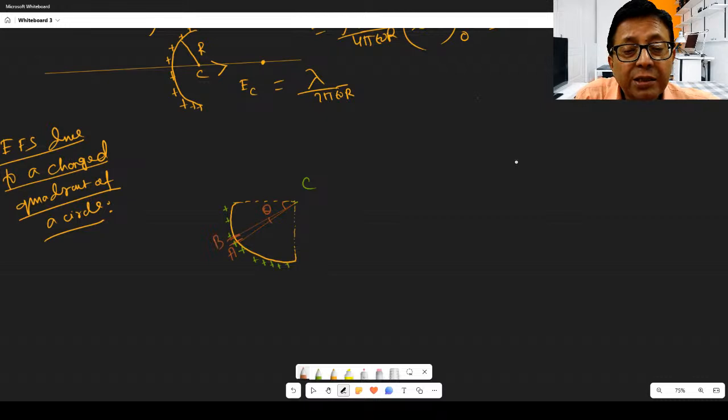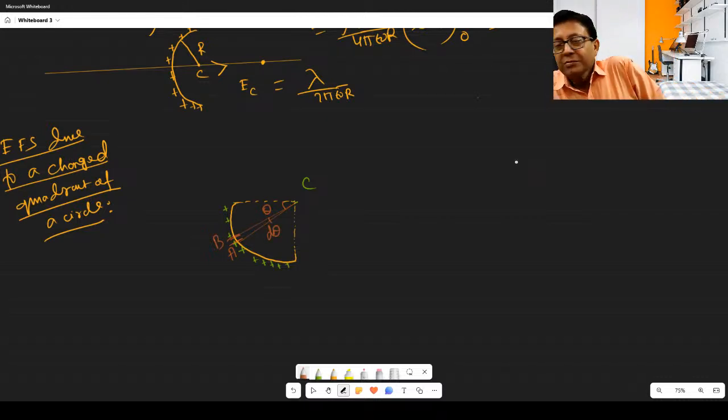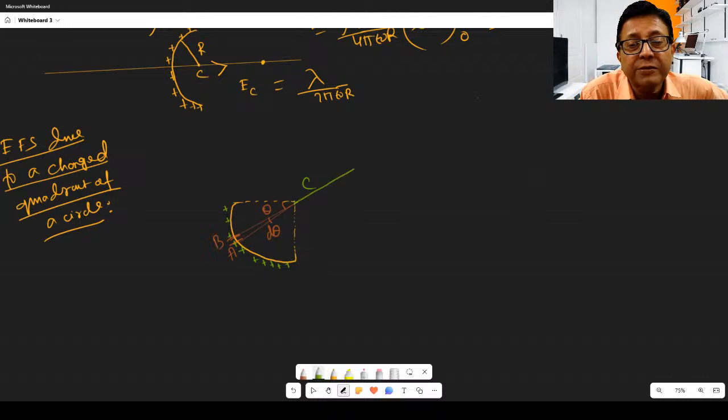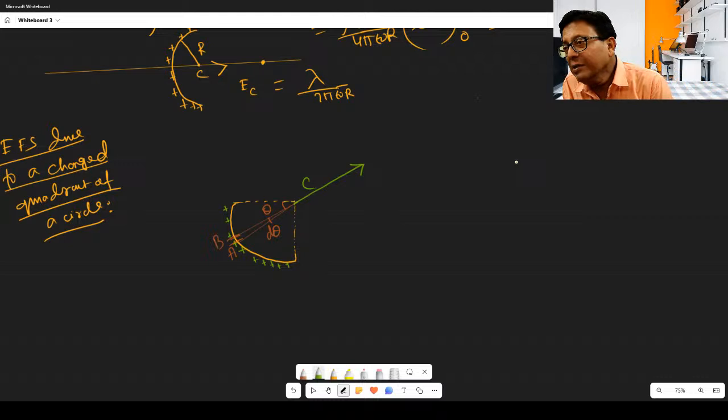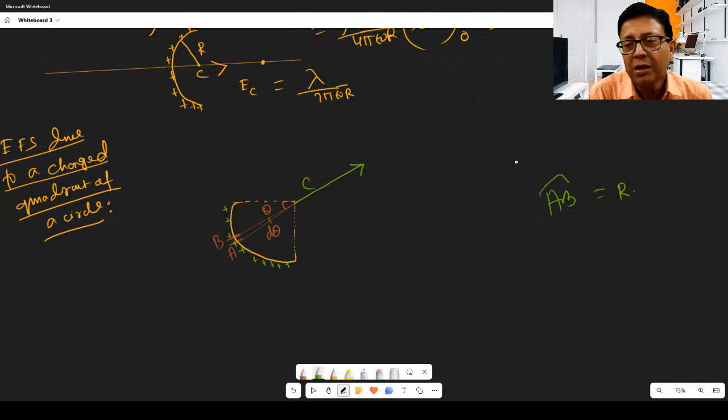This is d theta. Okay? So, electric field at C due to AB, this elemental portion, we will find first. AB length will be the same thing which you have calculated before. AB is what? From trigonometry of class 11, r d theta.